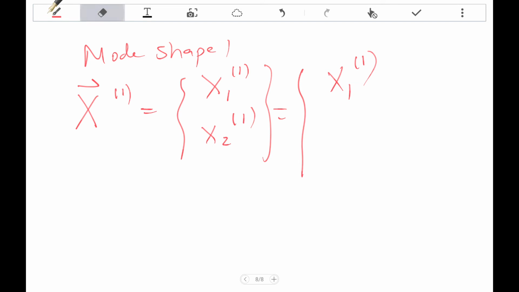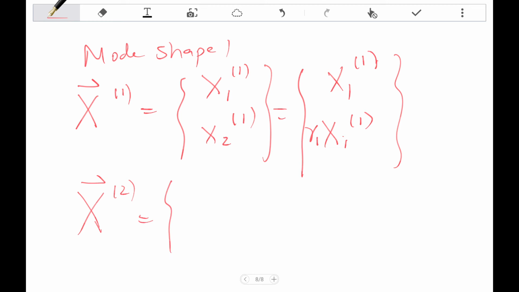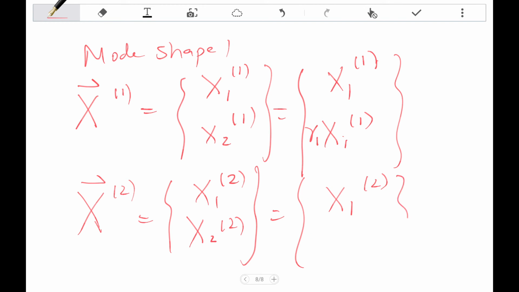When you calculate it, you're going to use your calculated omegas that you found before, and then that's going to be R1, x1, system 1, and these are just vectors here, where that's your x1 of system 2, your R2, x1.